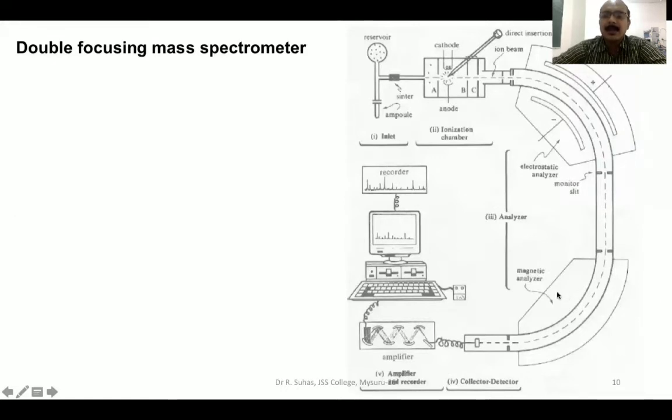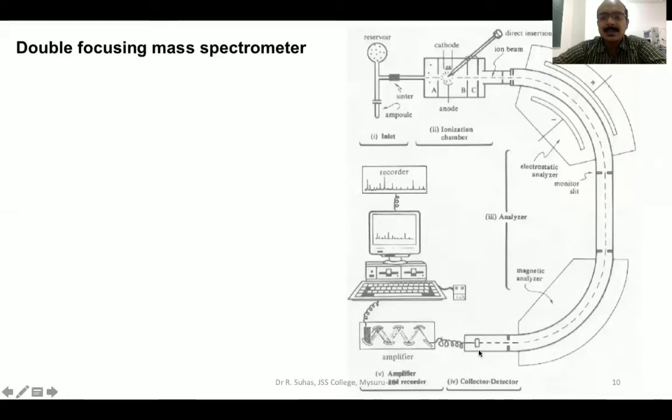After coming into the magnetic analyzer, almost all the different ions produced in the system will have got deflected and separated. Based on the mass, charge, and deflection, only the right mass can enter into the detector and collector part.